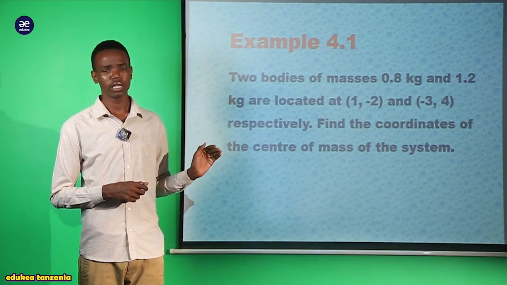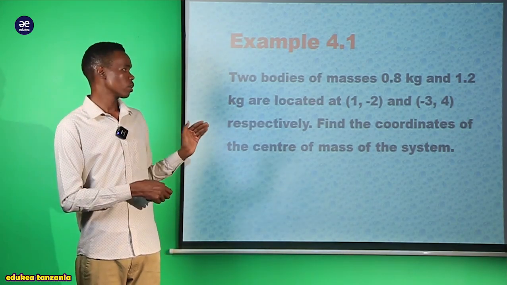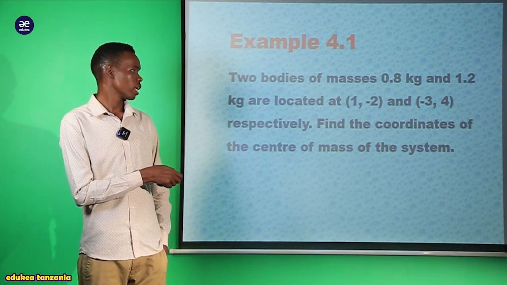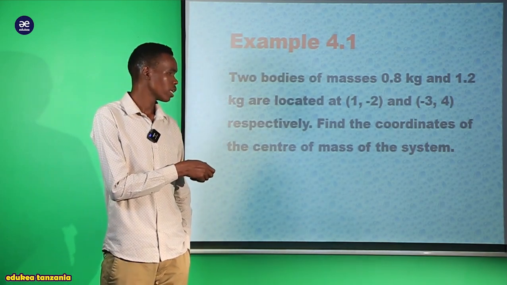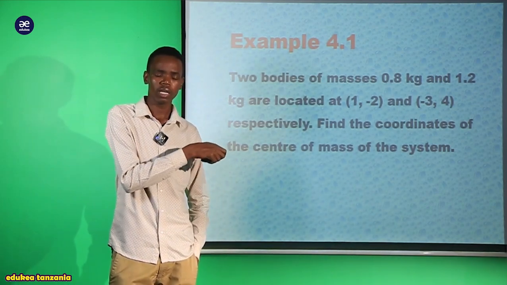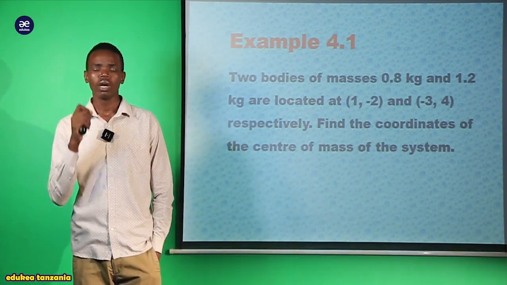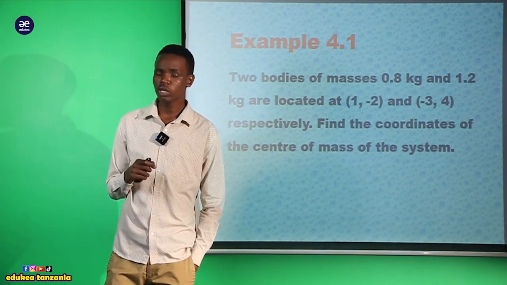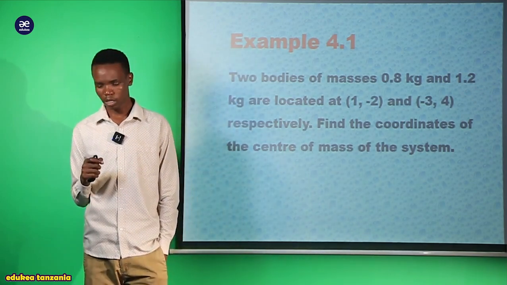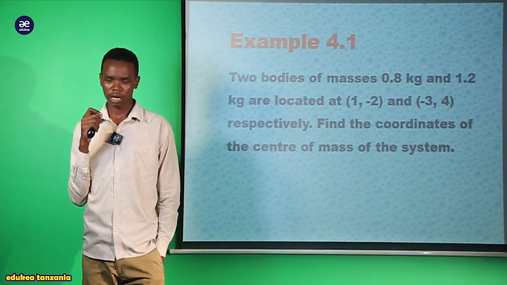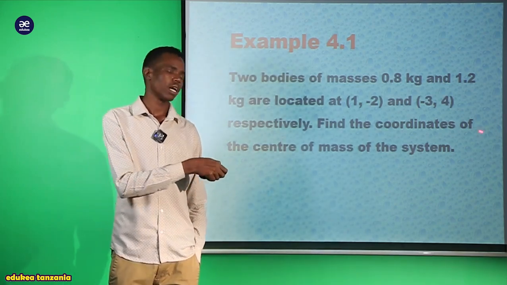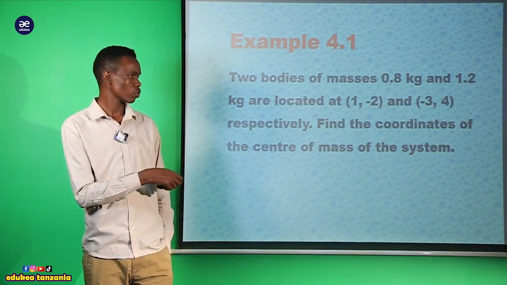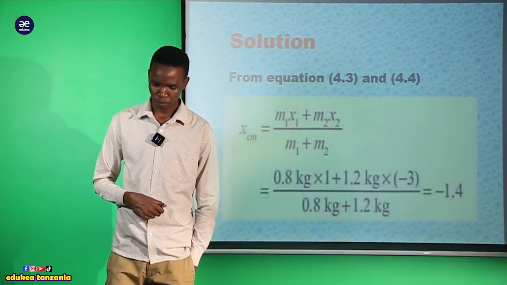Coordinate 1 is x1, y1, where x1 equals 1 and y1 equals -2, while coordinate 2, for mass 2, has x2 and y2, as we observe.